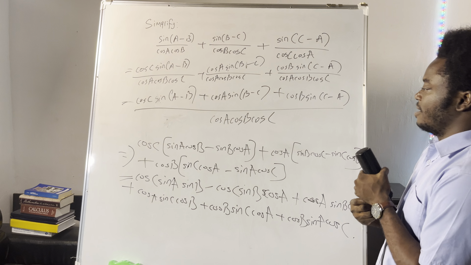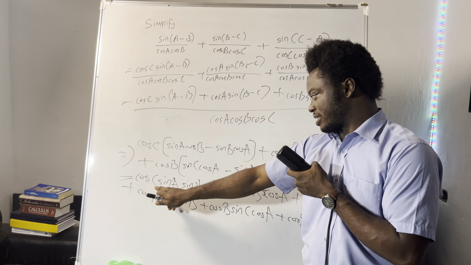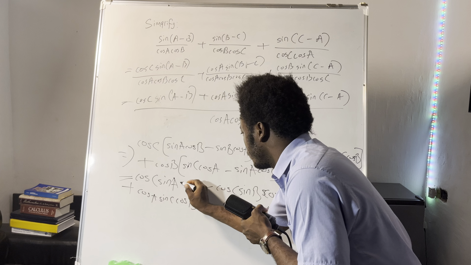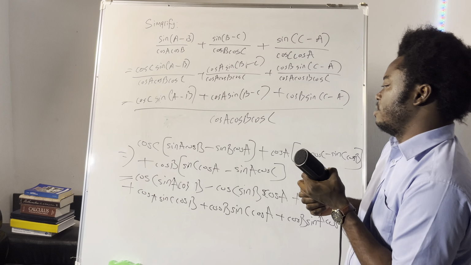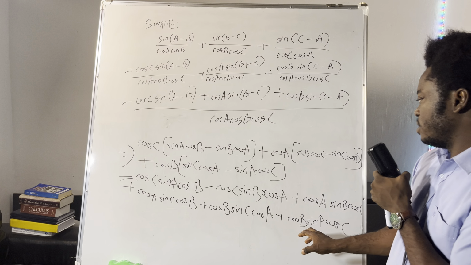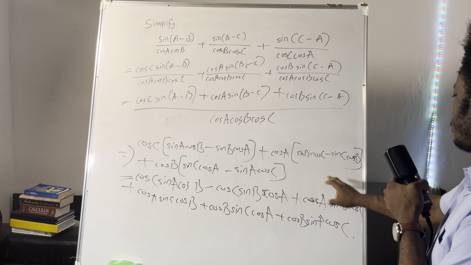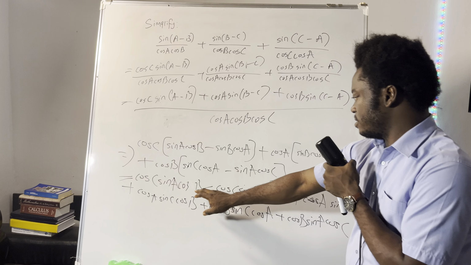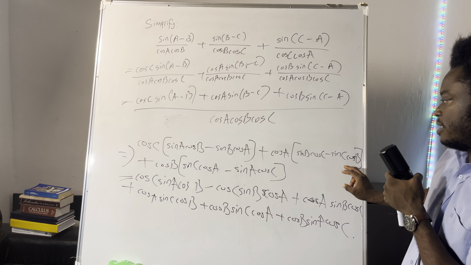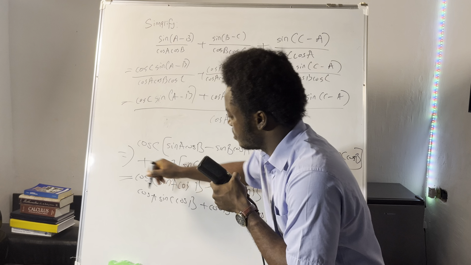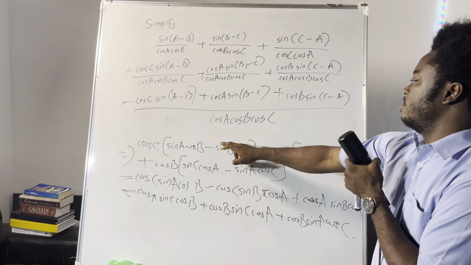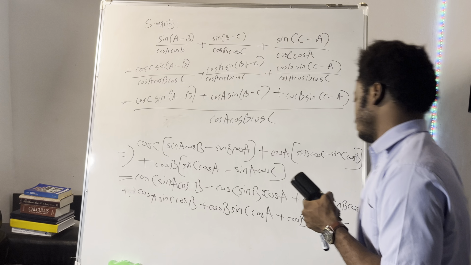Let's look at the first part: cosine C sine A cos B. My bad, this is supposed to be cos B. Let's look at where it cancels anything. Because we have two negatives in the original, after the multiplication we should also have two negatives and two positives.